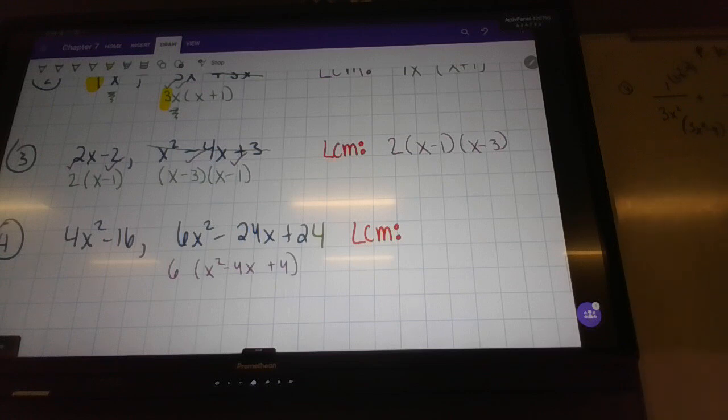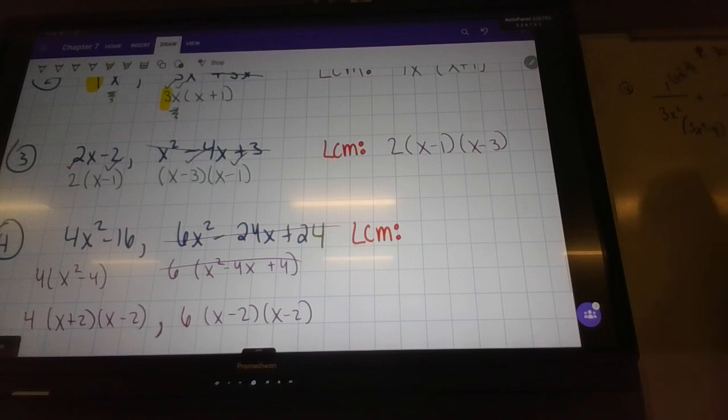Okay, what are they? -2. All right, so I'm ignoring that and using the factored form. All right, factor the first one. That's a difference of 2 squares, x plus 2, x minus 2.